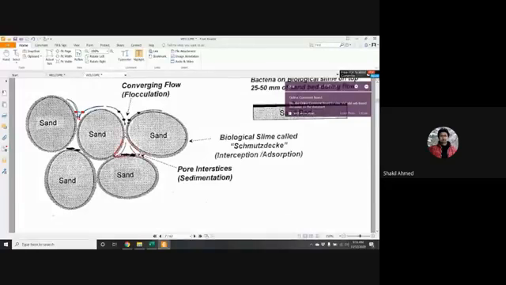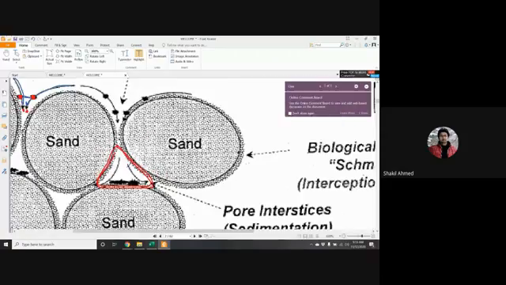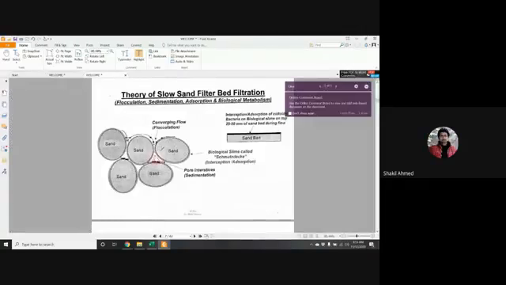When the water is trying to move from there to there, these particles, by the process of sedimentation, will settle down here. You see some black particles here? They have sedimented. This acts as a sedimentation basin. Is it clear? So sedimentation is also happening here.